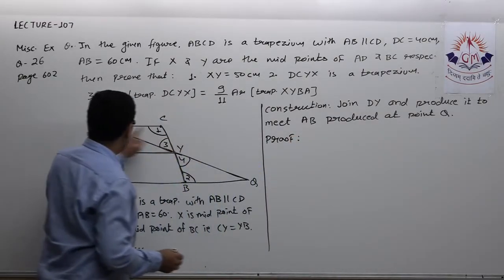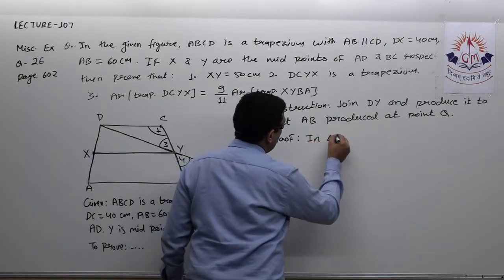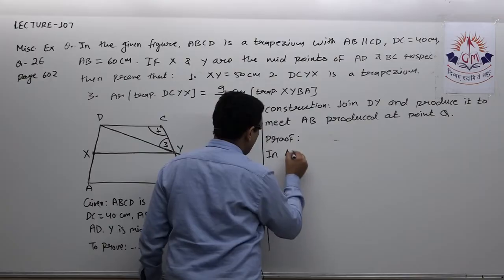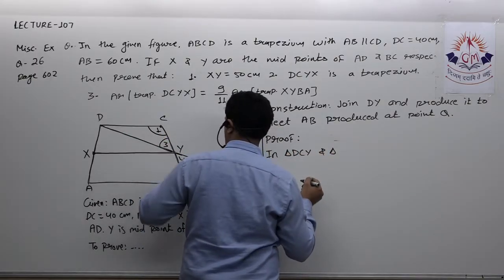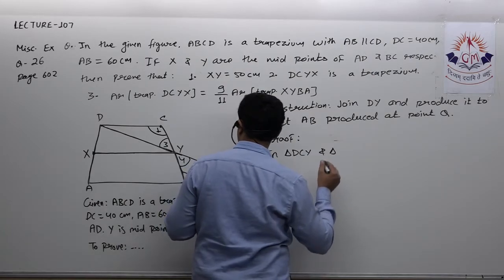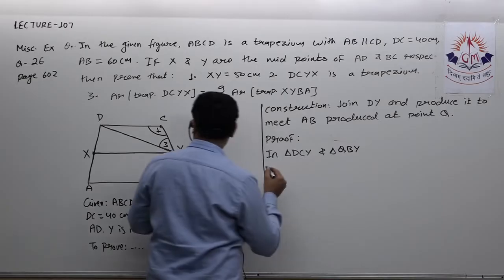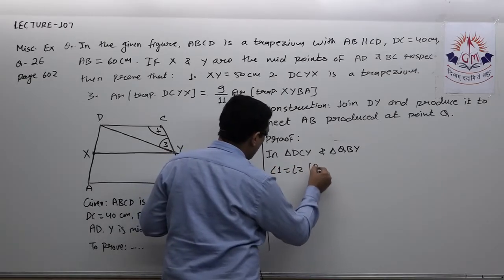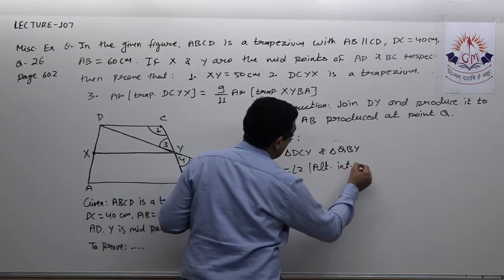So in triangle DCY and triangle QBY, angle 1 is equal to angle 2, alternate interior angles.